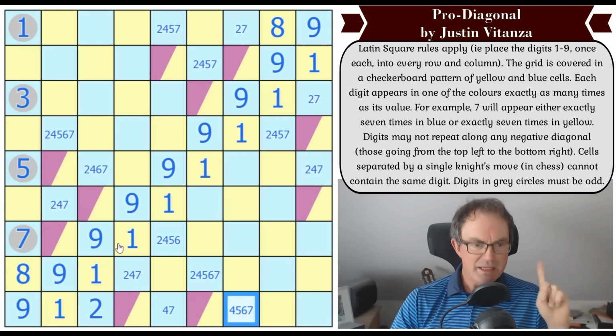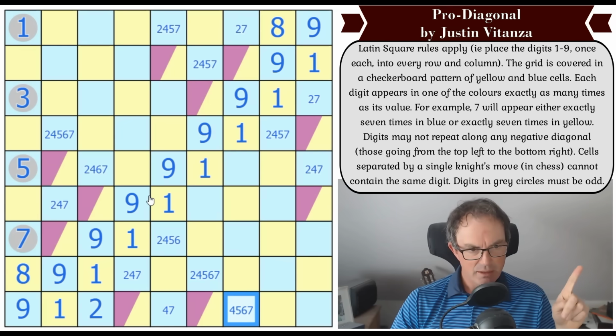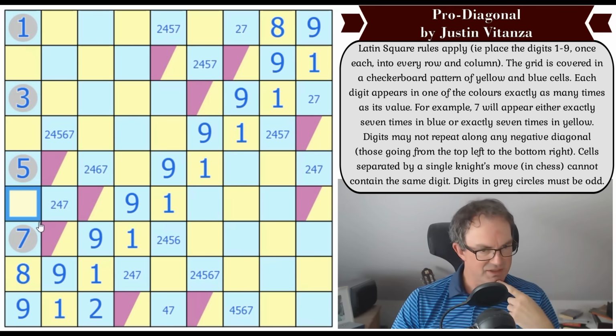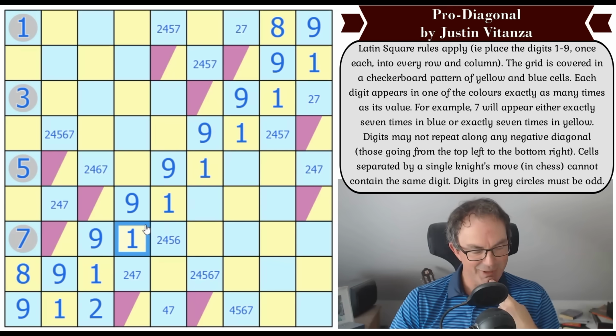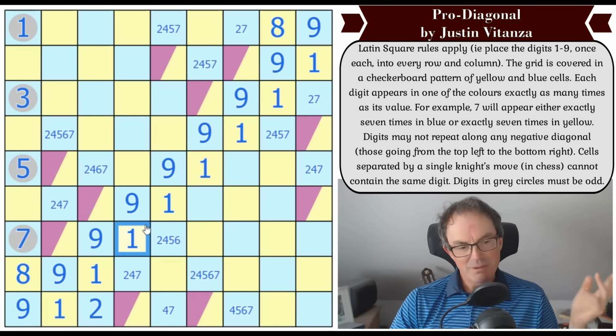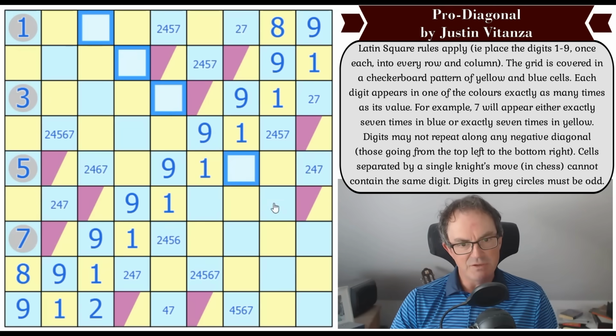I think I got the main idea quite quickly, but now I don't understand quite. Am I meant to know that's a 6 for some reason? Look, this must be just a line of 1, 2, 3, 4, 5, 6, 7, 8, 9.